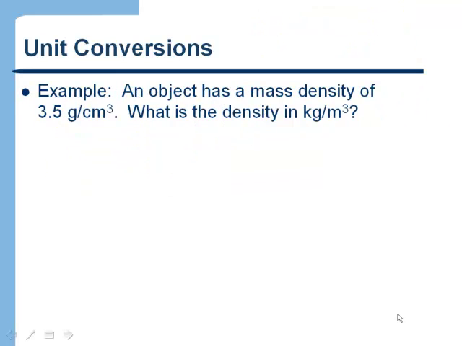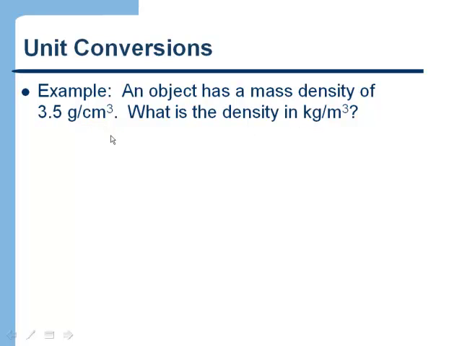Let's try another example. So here we have a problem that says an object has a mass density of 3.5 grams per centimeter cubed. What is the density in kilograms per meter cubed? So the first thing we have to do here is we have to figure out our conversion factors. You'll notice I didn't give them to you. And that's because these are just both metric prefix things.